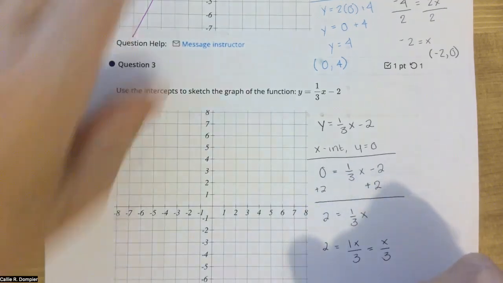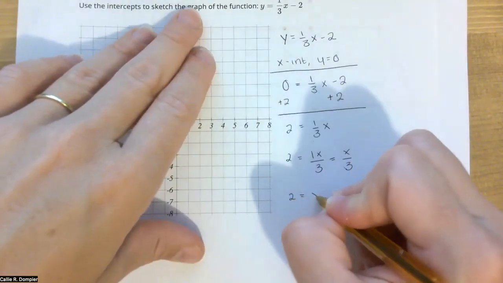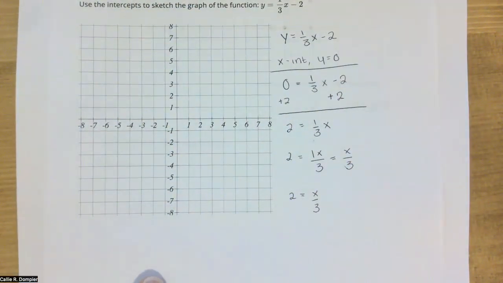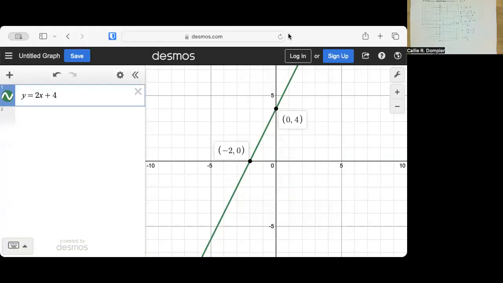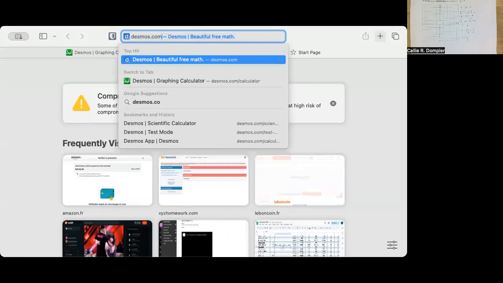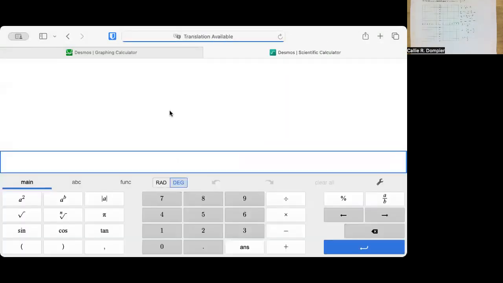I'm going to rewrite it as 2 equals x over 3 because let's look at the scientific calculator, right?